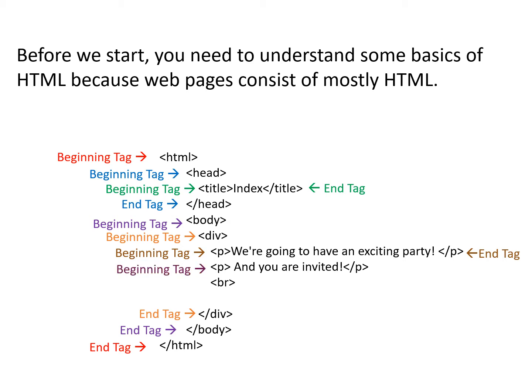And then we have another paragraph tag, and inside that is the words "and you are invited," and then the end tag. Now the BR tag is a tag that doesn't require an end tag. Sometimes you do see that a little bit different with a slash inside it, but at the end, don't worry about that.